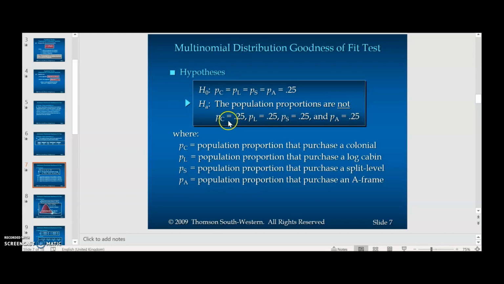Not 25% for colonial, and they are not identical to the log cabin, non-identical to the split level, non-identical to the population proportion for the A-frame.